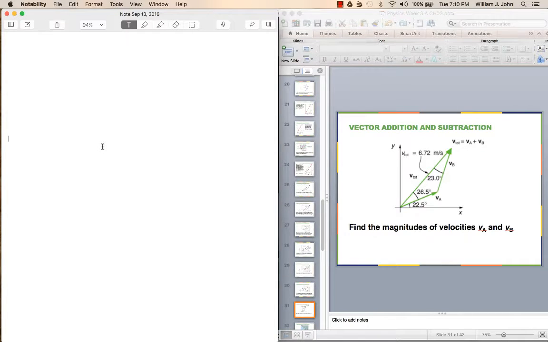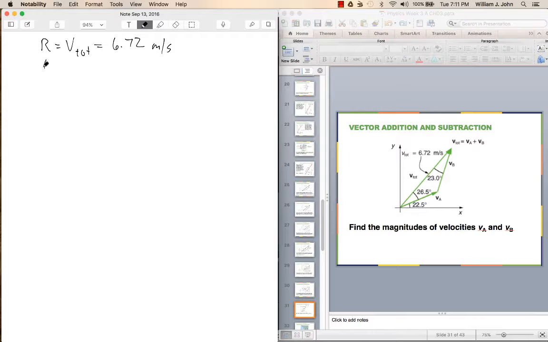What we have now is we know R, and we know the angle of R. The R is the V total shown here, and I'm going to put it as R because this is what we've been doing before. So R, which is equal to V total, and from this problem it's 6.72 meters per second.